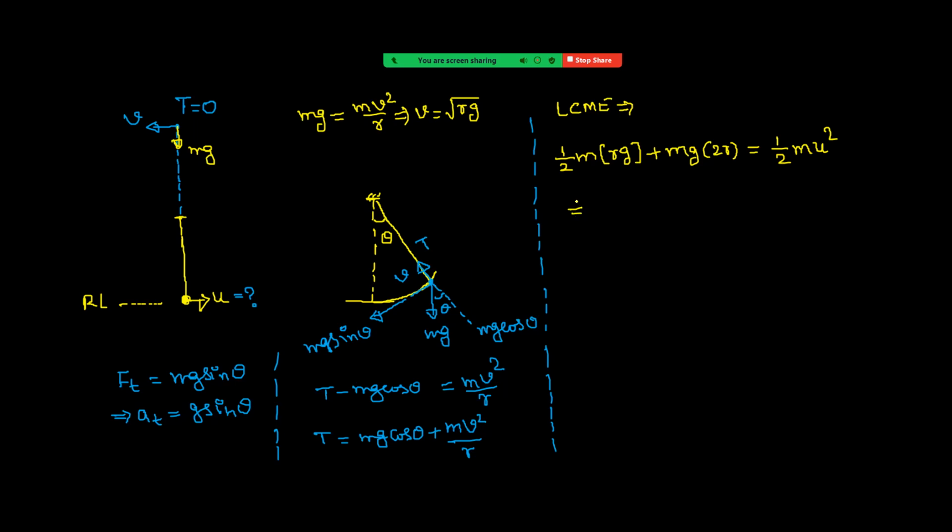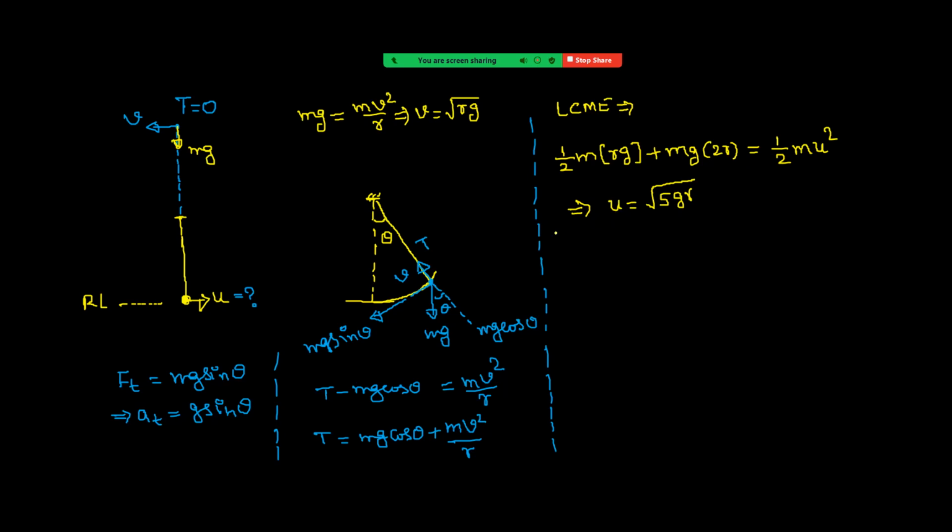Now see from this what we get. Throughout, mass gets cancelled. 2 2 so 4, 4 plus 1 is 5. That means u value is root of 5gr.